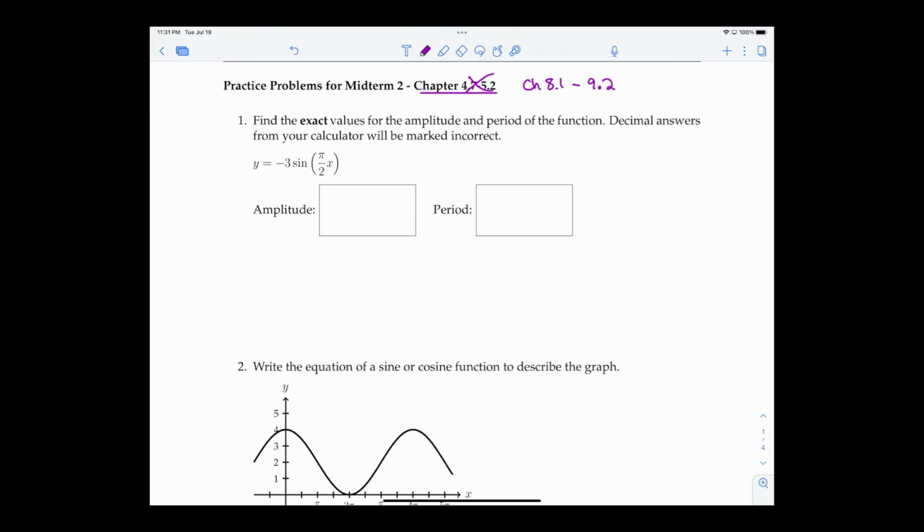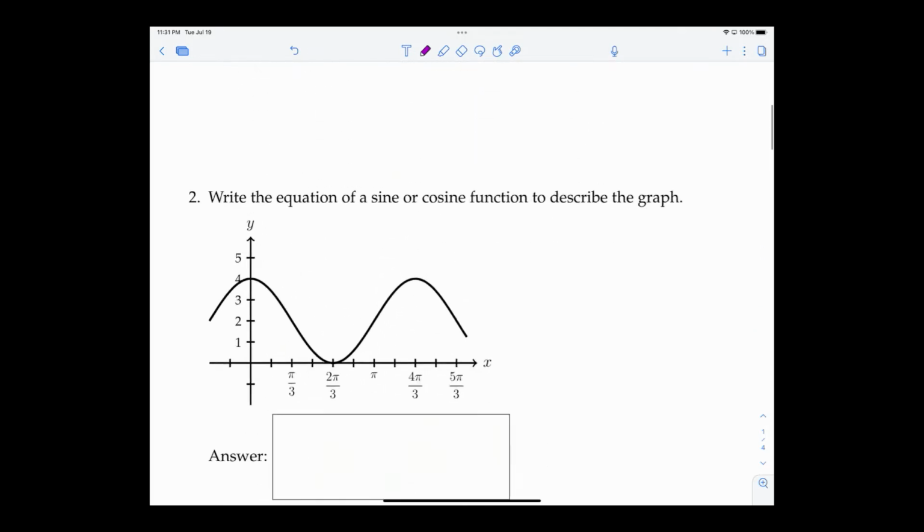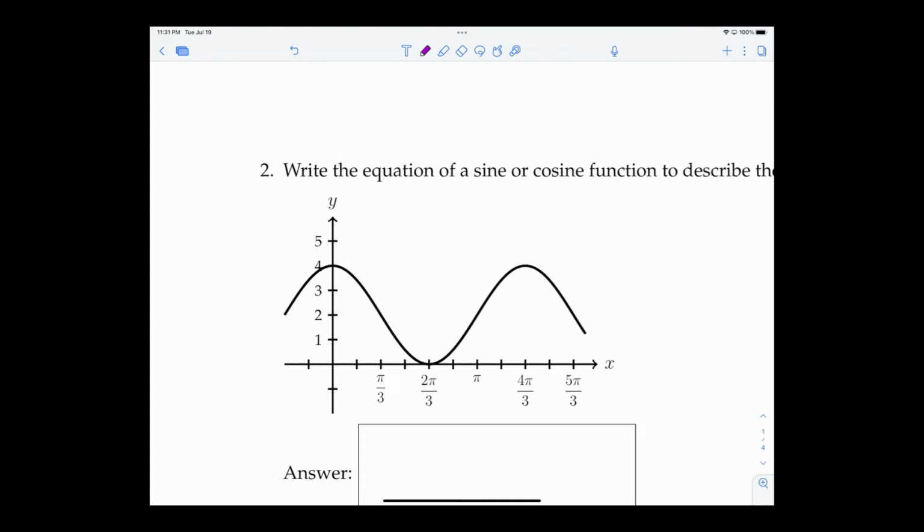So we start out with trying to find exact values for amplitude and period of a function. A sine function or a cosine function should work the same. If you look down at problem 2, just because that has a graph, I will draw what we're doing here. This distance from one peak to another peak is one period.